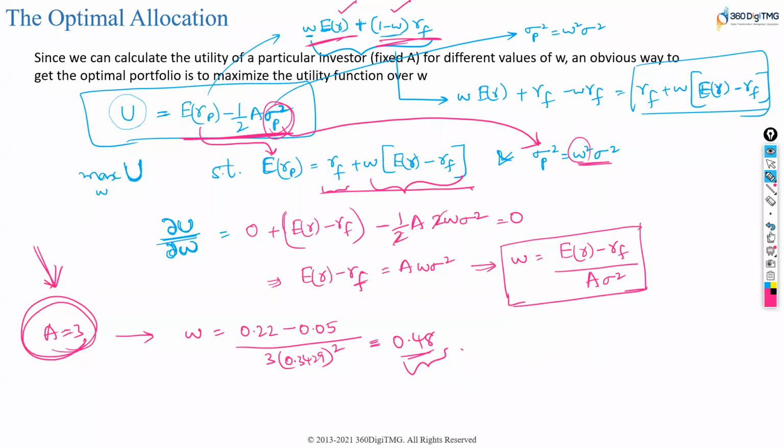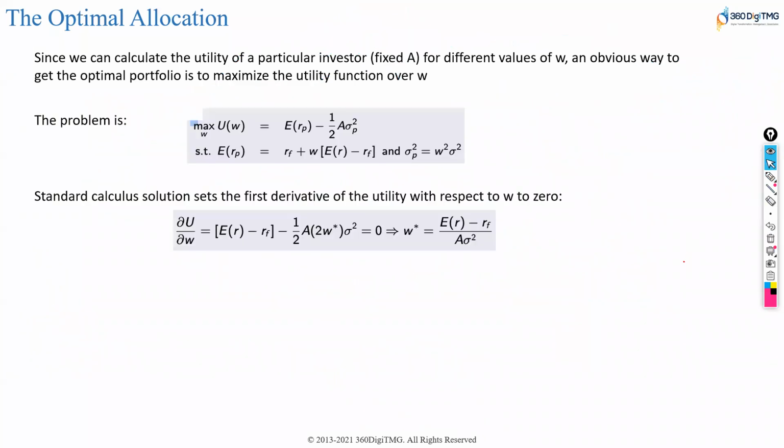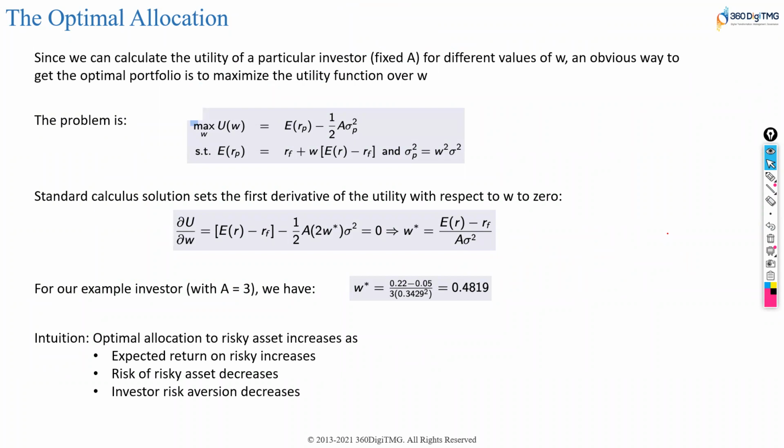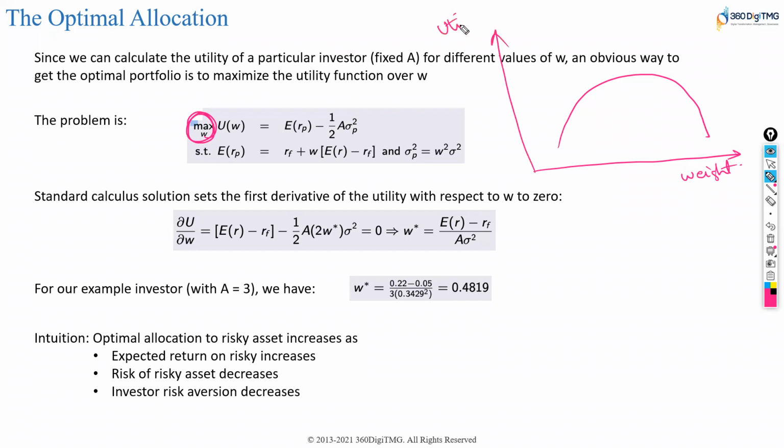Okay. That's a math way of deriving. This is exactly what we have derived. And this is called as maximization problem. That means as and how you keep increasing the amount of weight that you invest in risky assets, your utility or happiness will keep on increasing as and how you keep on increasing weight until a certain point.